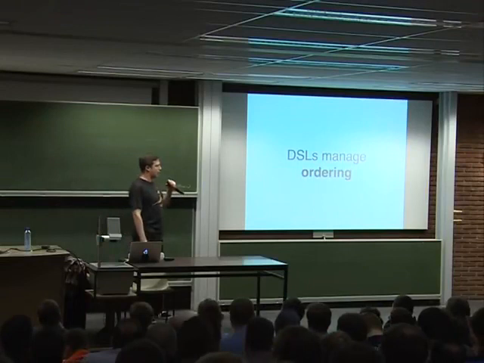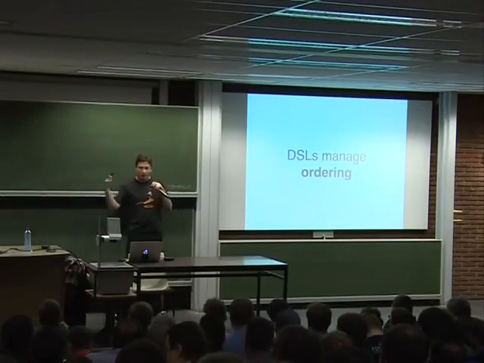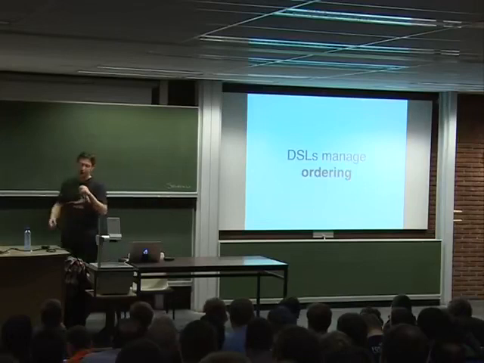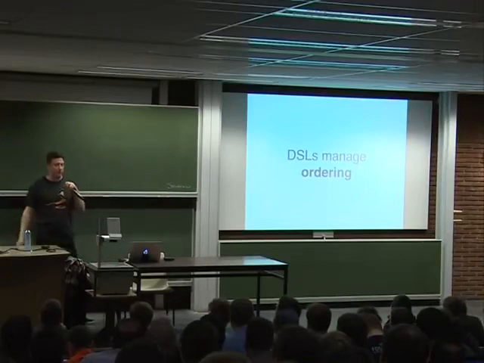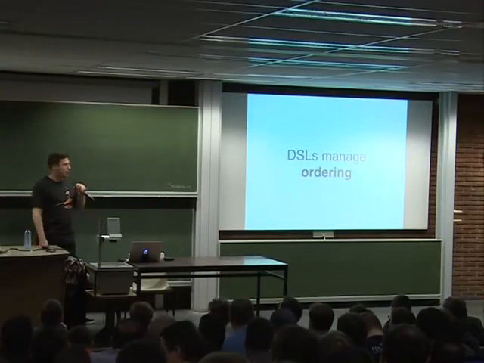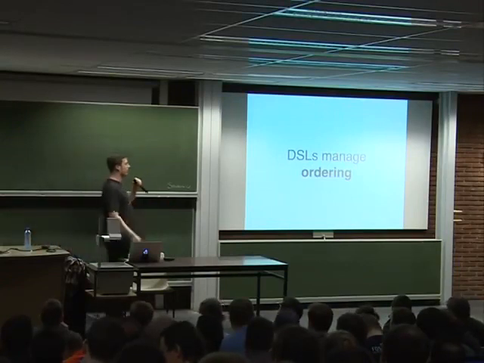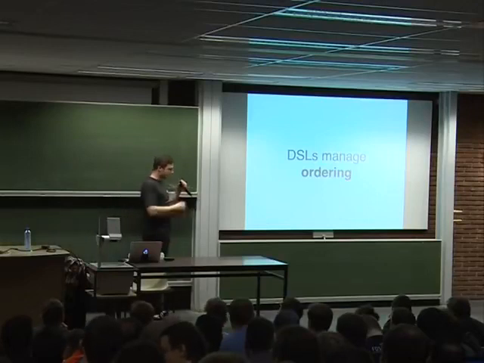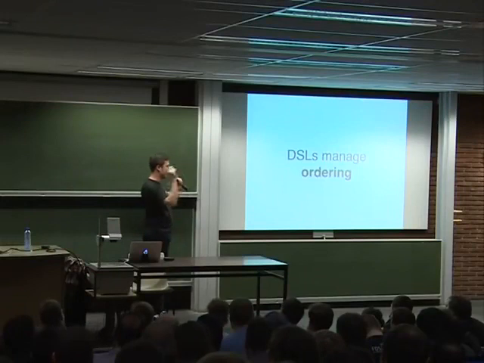CFEngine will actually order by type, and then it'll apply a number of times to take advantage of that convergence thing I showed you with the bash scripts. Puppet sorts a graph to determine ordering. Chef just does what you tell it to, and then Salt kind of does that as well, only they spray these things at machines and pull them in.